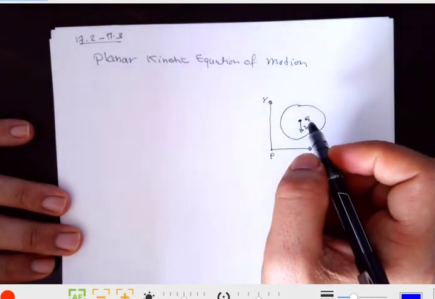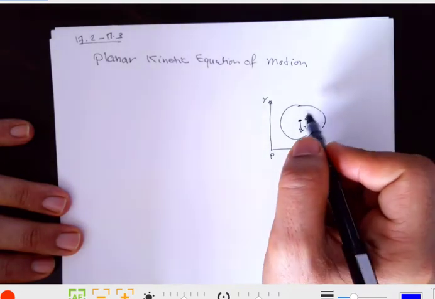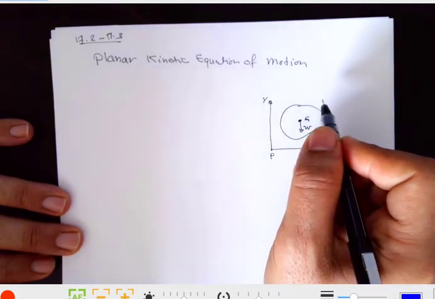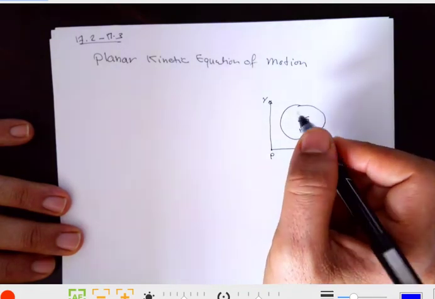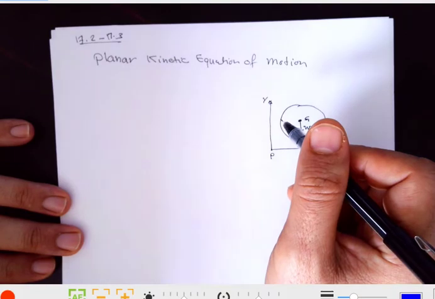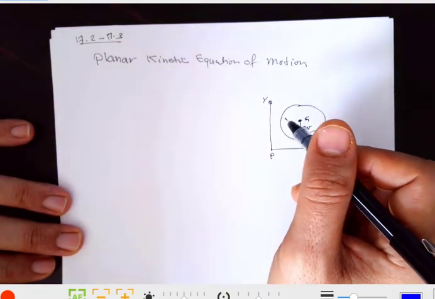Now, previously, we were able to understand how omega and alpha, the angular velocity and angular acceleration, are related.